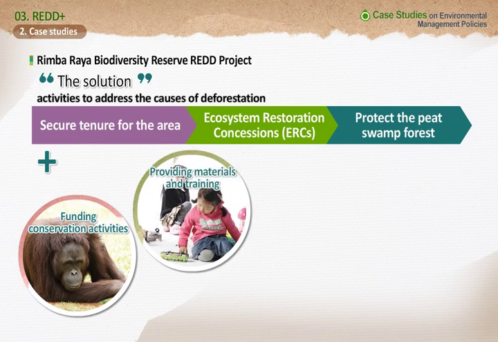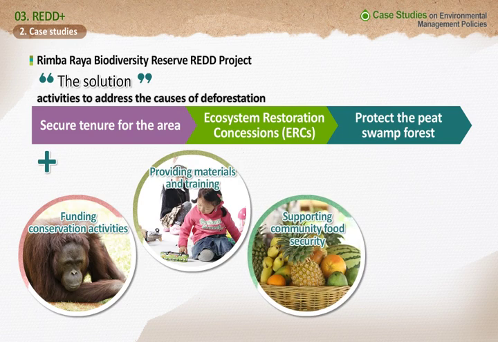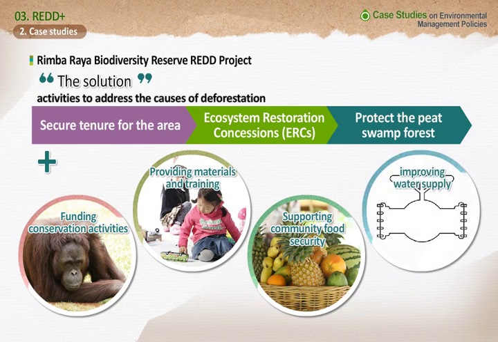Providing materials and training for early childhood education programs. Supporting community food security through agriculture on land already under cultivation. Aquaculture and aquaponic initiatives, and improving the water supply by training communities to make inexpensive ceramic water filtration devices.